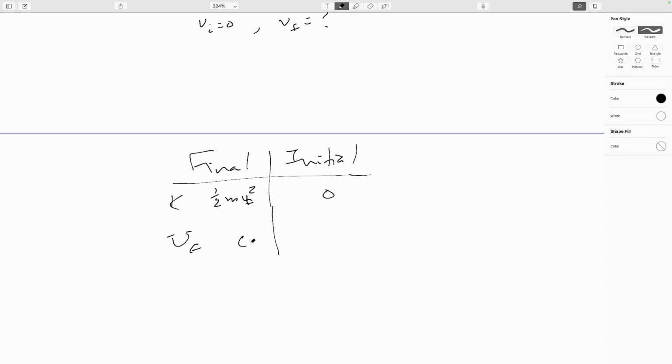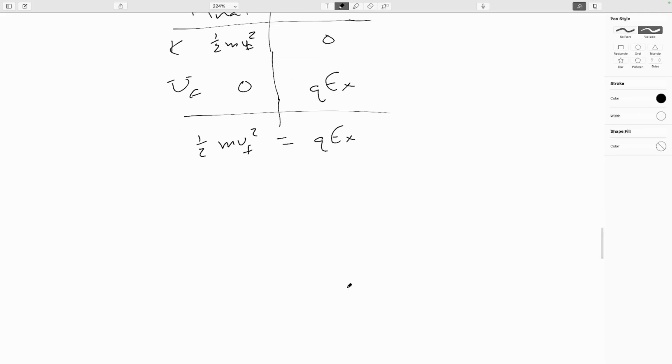My final potential energy is 0 because I set it to be 0 there. So my initial is QEx. Okay, again, same deal. Go ahead and equate these. 1/2 m v final squared equals QEx. So rearrange, do some algebra. V final will be the square root of 2QEx over m.